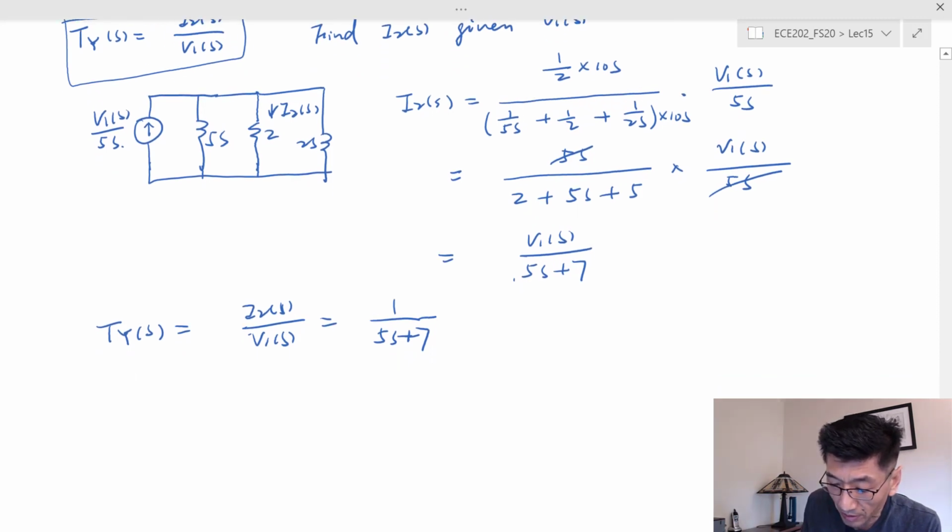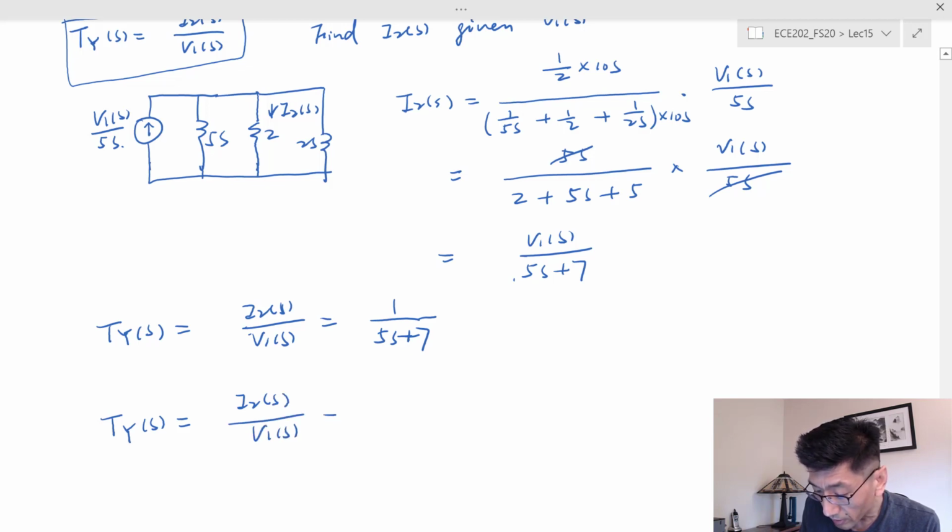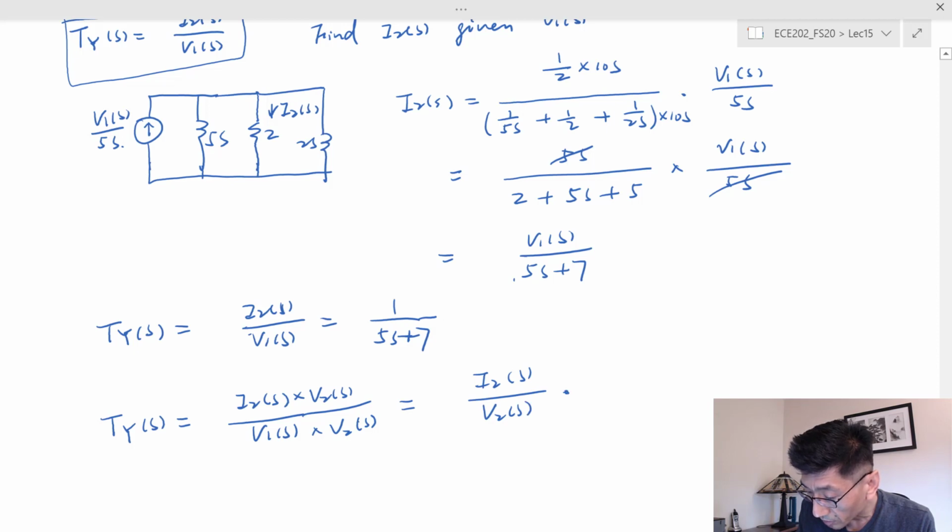Okay, so let's see. The shortcut, as I did in the Google Colab notes: I have this T sub Y is I2 over V1. So what I did is I multiply by V2, and I'm rewriting this as I sub 2s over V sub 2s times V sub 2s over V sub 1s.